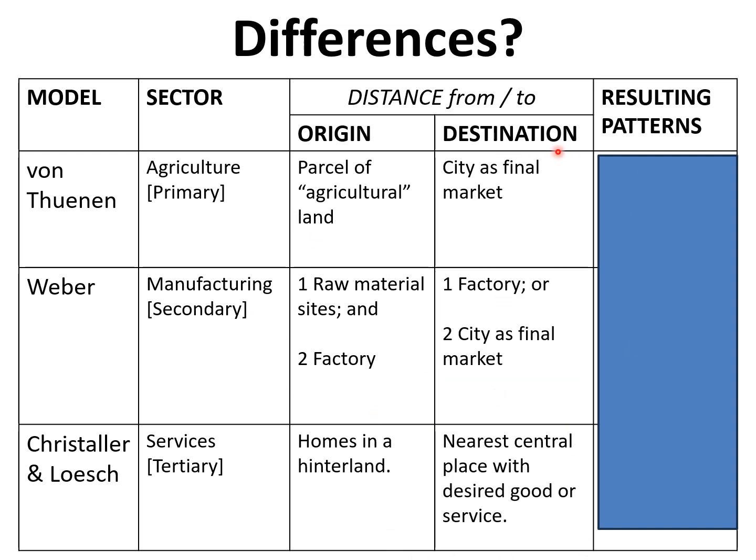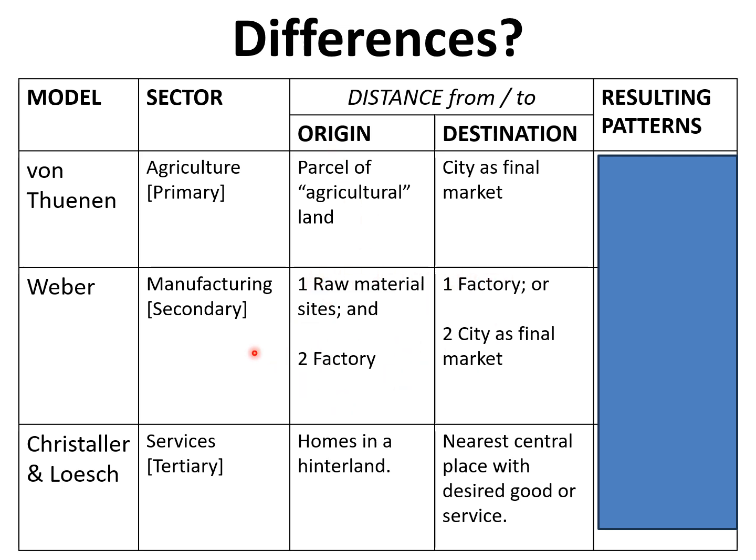And then in terms of destinations, for Von Thunen, the isolated city has the city as the final market. So remember, the middle of all of your concentric rings is where the city's located. For Weber, the destination is going to be the factory, if it's raw material sites shipping stuff to a factory.